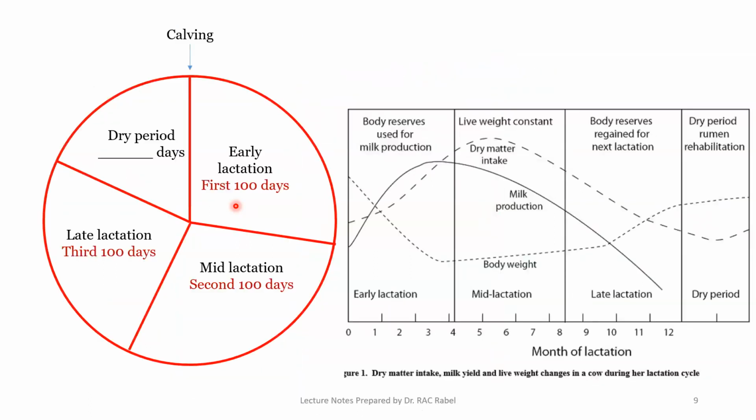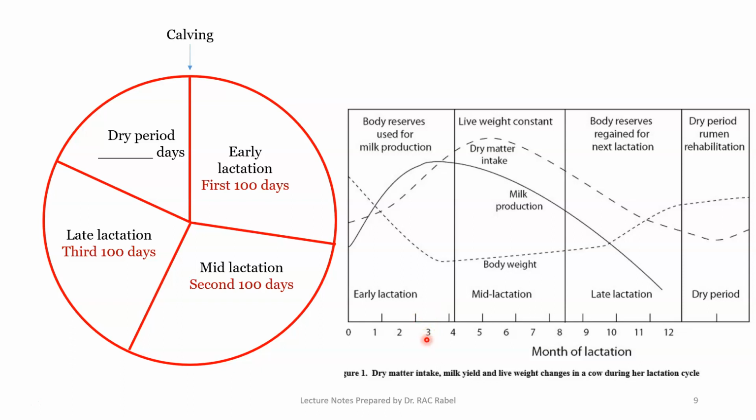Okay, so like this curve showed, peak lactation takes place during this first phase, which we call early lactation, or the first 100 days. But you'll notice, under different farming systems, with different management systems, different breeds and different climatic conditions, the peak lactation can change from place to place, from farm to farm, from breed to breed.